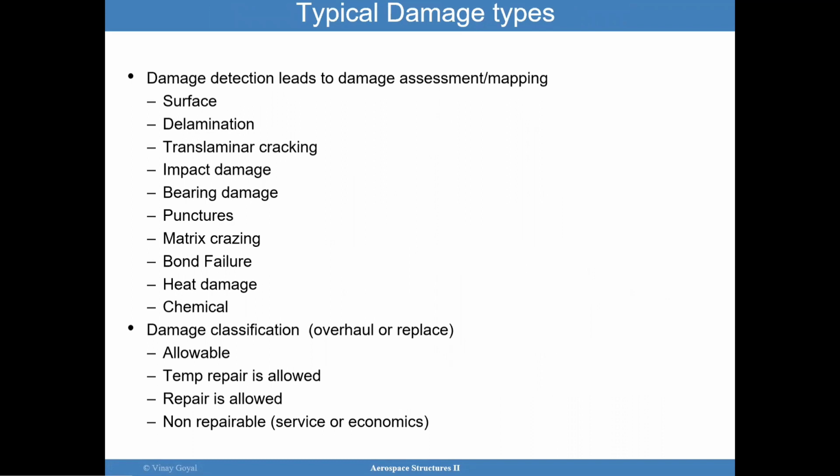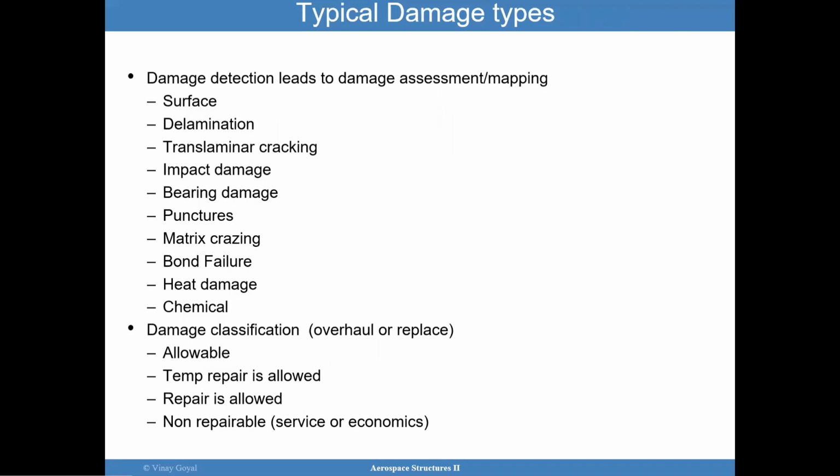There are various kinds of damage in composites that may require repair, which is today's part of the lecture. Damage detection leads to damage assessment, and so the first step is to really understand why the damage occurred.